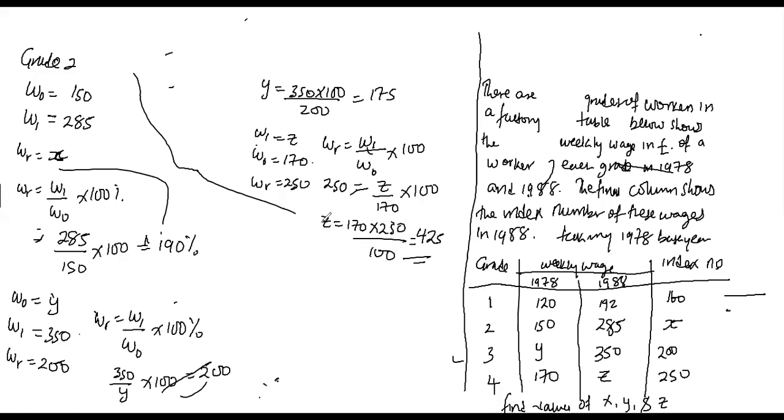In 2012, the price index of a commodity using 2008 as the base year was 112. This is the price relative. This is the price index, which is 112.